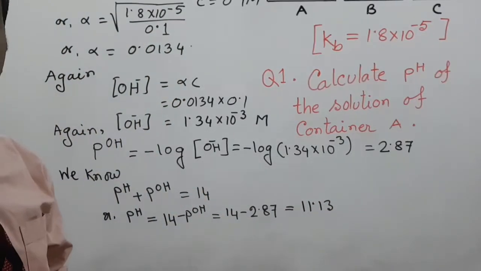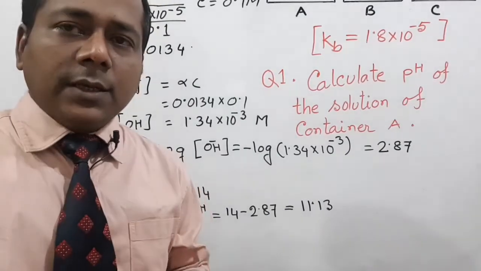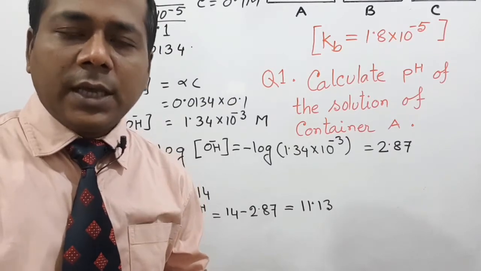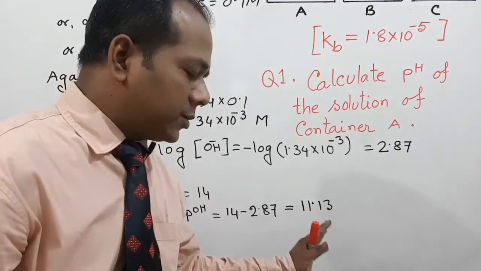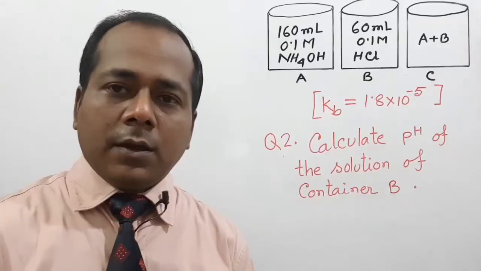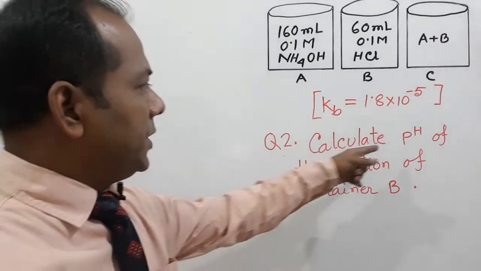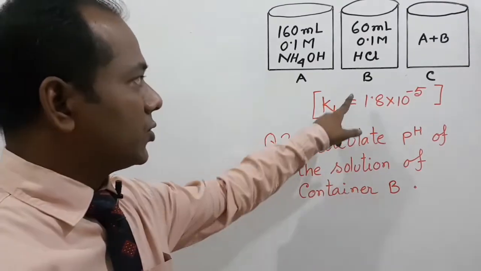So, my dear students, we can say that the pH value of the ammonium hydroxide solution is 11.13. Now, our next question: calculate the pH of the solution of container B.